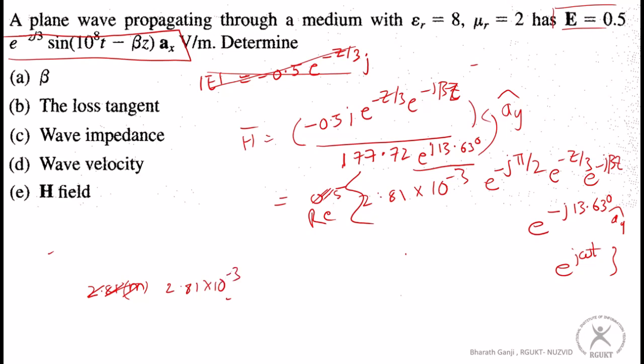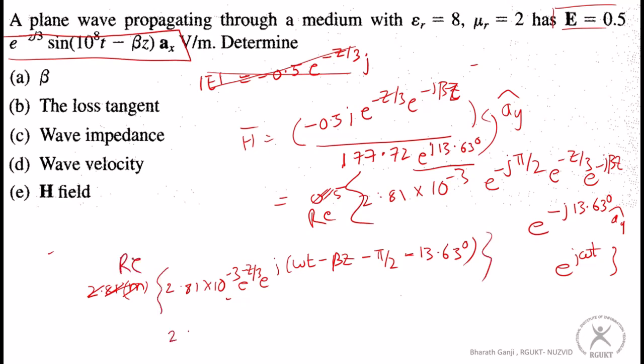And if I add all these exponential terms, you get e^(jωt) into e^(-z/3) e^(-jβz) e^(-jπ/2) and e^(-j13.63°). You have to take the real part of it.